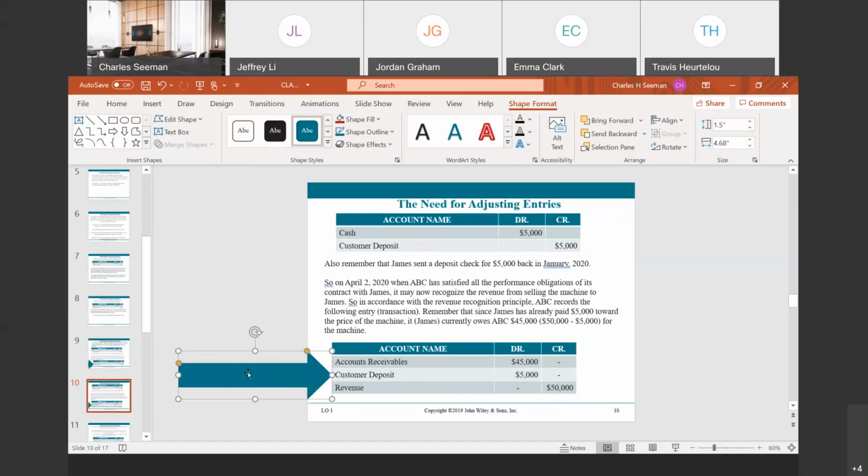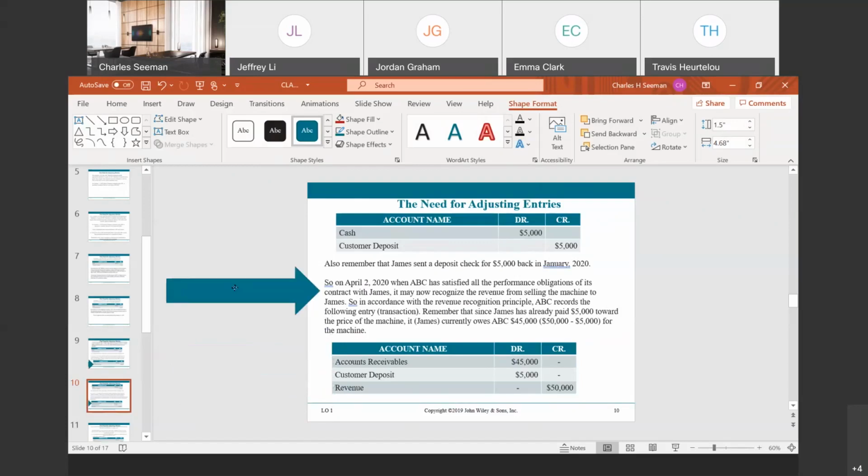And when I increased it, I credited it. So when I decrease it, I debit it. And then James still has $45,000 which they need to pay me. They owe me 50, they paid 5, so they owe me 45. So I'm going to send them a bill and they're going to hopefully pay me.